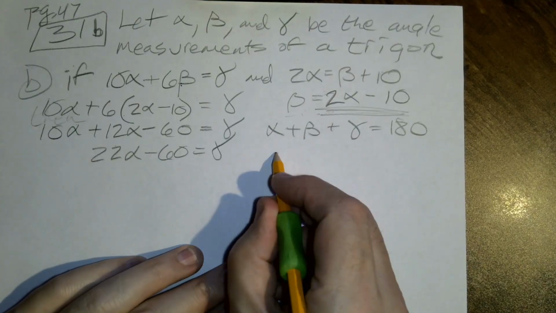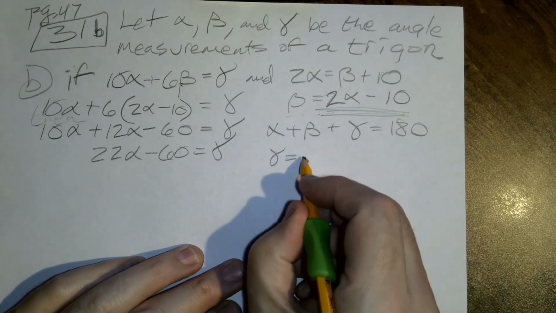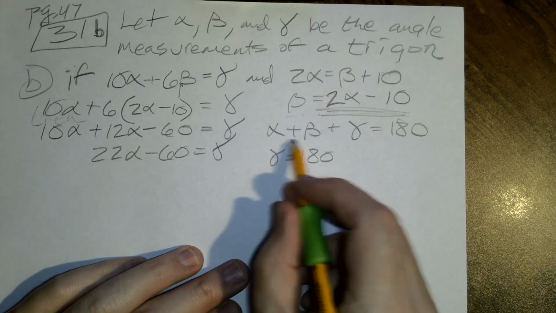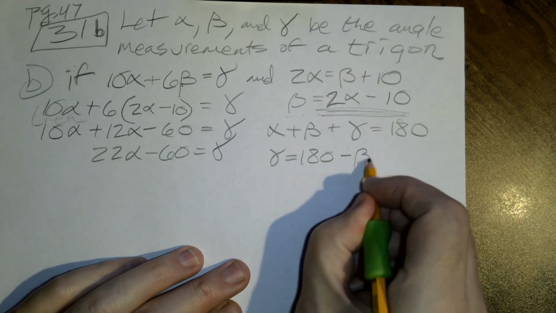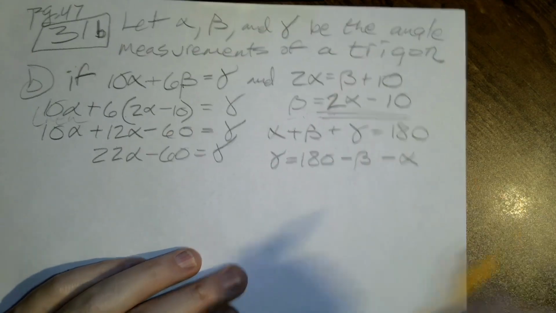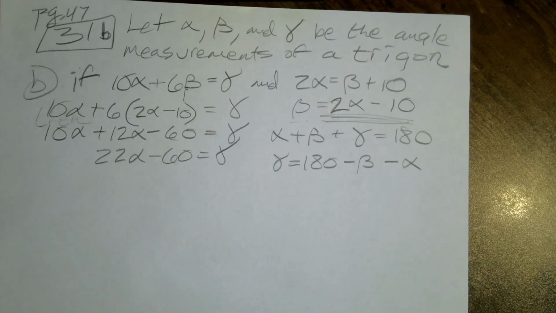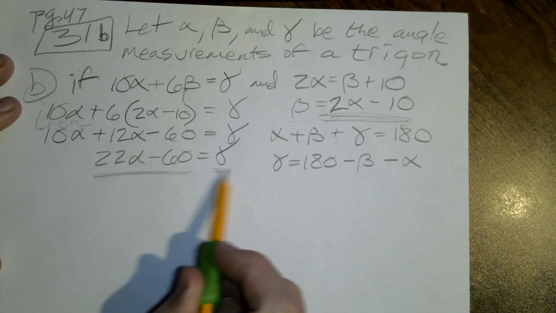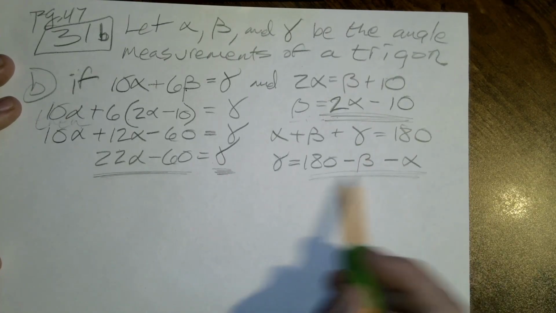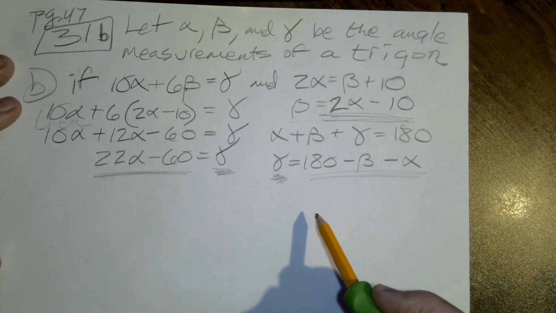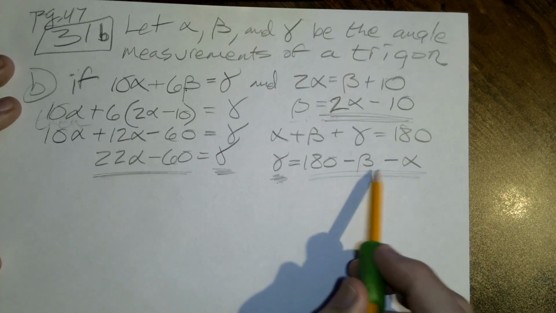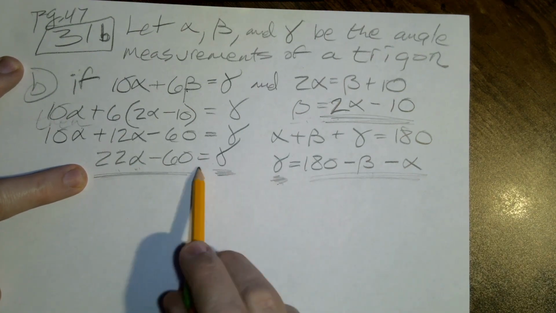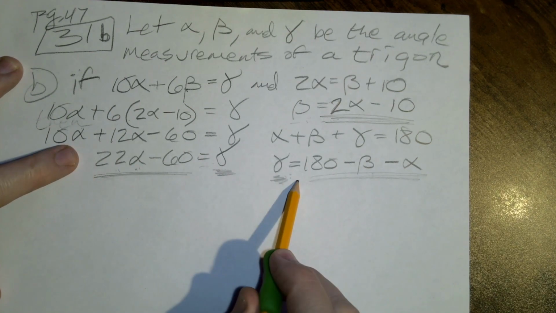And of course we have one other equation: alpha plus beta plus gamma equals 180 degrees. Here we can say gamma is 180 minus beta minus alpha. So this is equal to gamma, and this right here is equal to gamma. We can set these equal to each other because they're both equal to gamma.